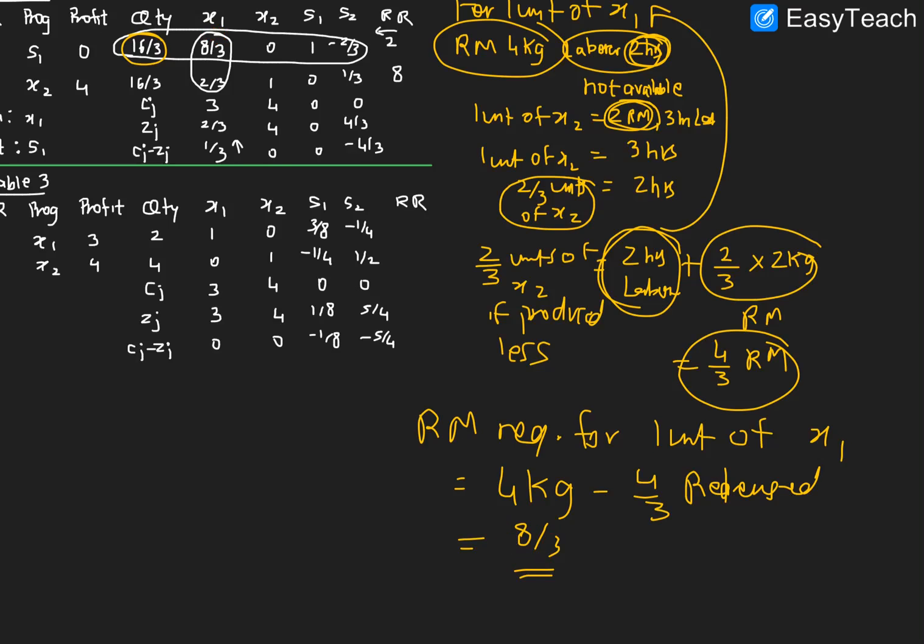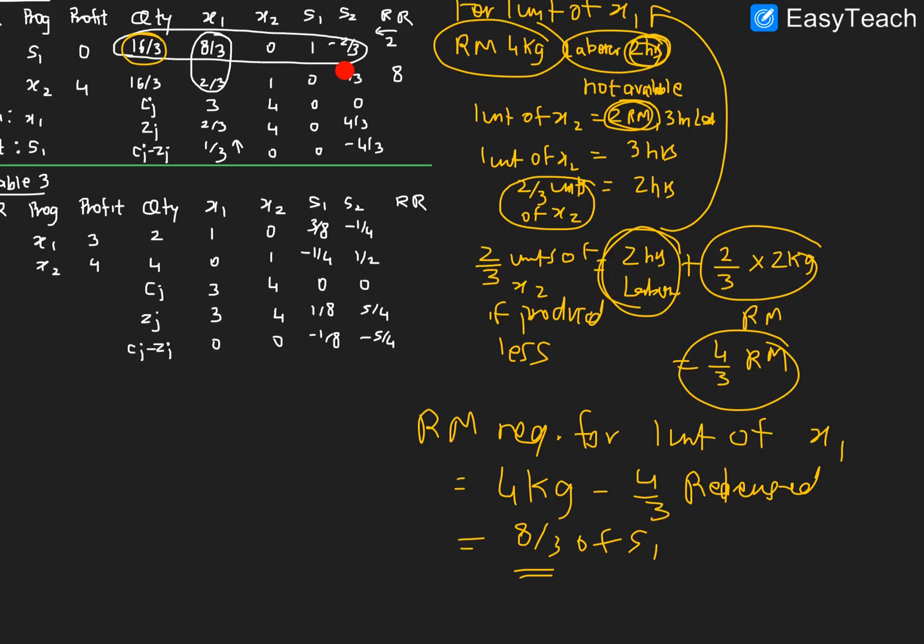Therefore I'll be needing only 8 by 3 units of S1. So that's the reason for these numbers. And anyway, we know this 0 1 matrix thing, where the sacrifice ratio between X2 and X2 is 0. By using S1 you cannot produce any more X2, because whatever possibility was there is already covered.